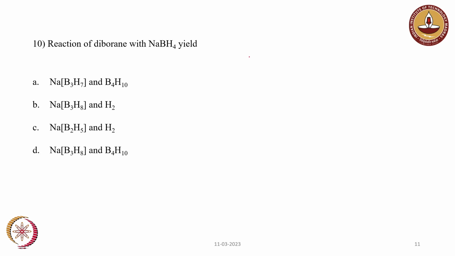So B2H6 reacts with sodium borohydride to give NaB3H8 and H2, at 363 Kelvin in diglyme. So this compound is used to synthesize higher boranes.